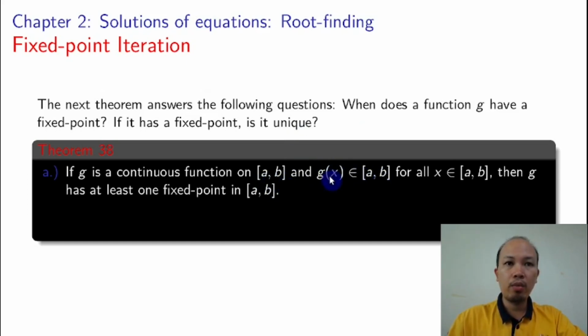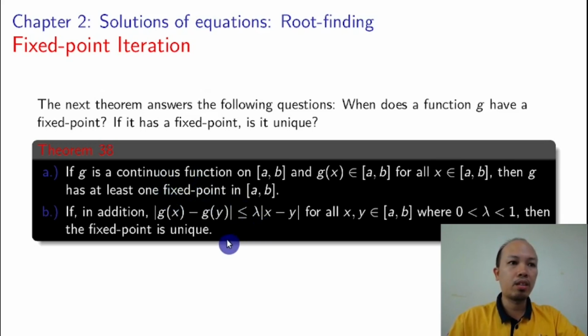So if the function values are also an element of [a, b] for all x in the domain, then g has at least one fixed point in the closed interval [a, b]. So the condition is that g is continuous and g of x, the function values, are also an element of this closed interval. Then you can assure that the function has at least one fixed point.